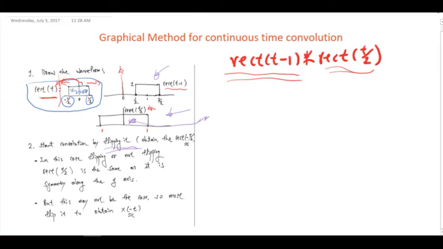Basically simple: because you flip it along the y-axis, the waveform becomes exactly the same. It doesn't change. But if you flip this one, the waveform will turn out into something like that. Either thing works the same. So in this case, I like to start from flipping this one.